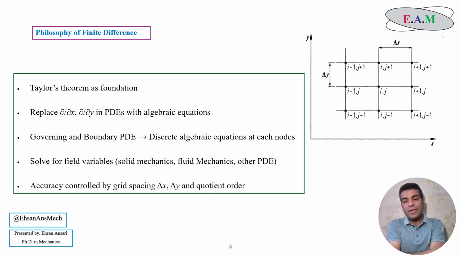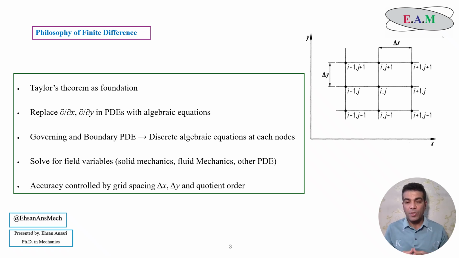At the heart of the finite difference method lies Taylor's series, or Taylor's theorem. We start by expanding our solution u in a Taylor series about a grid point, and then solve for the derivative term.